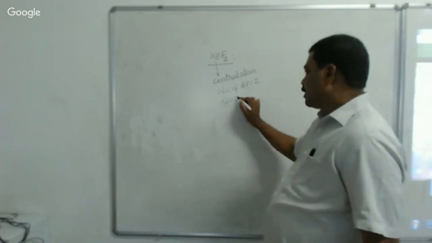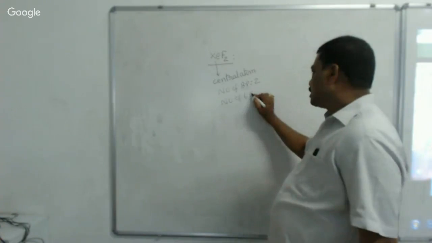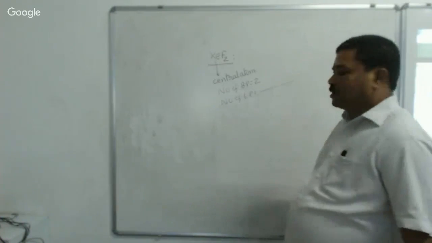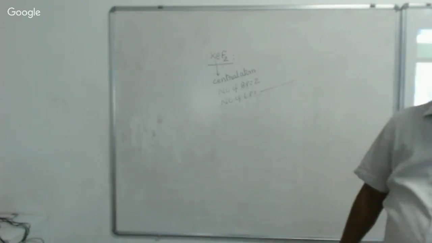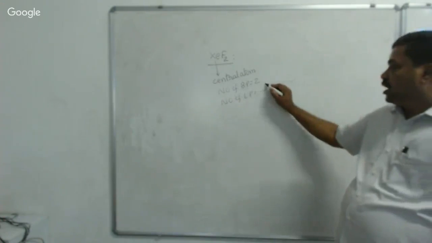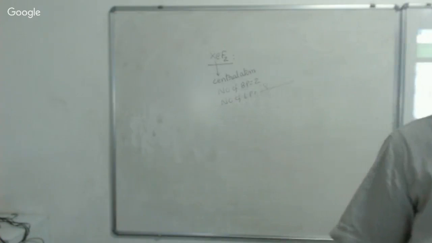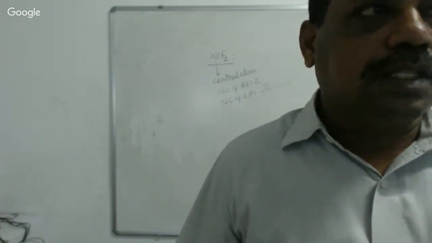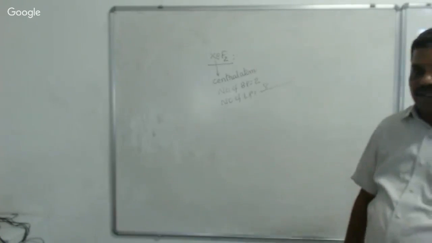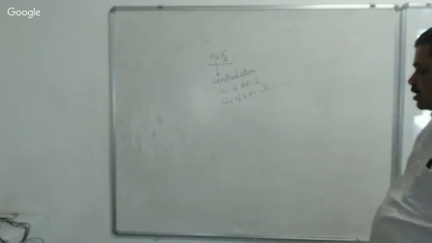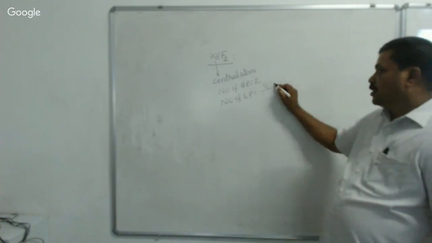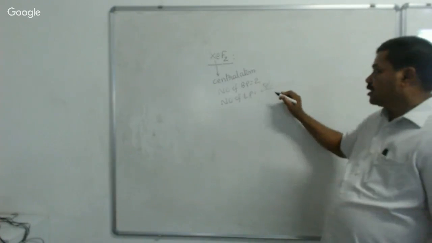What is the formula for the number of lone pairs? Valence electrons of the central atom, minus the number of bonds, divided by 2. Xenon has 8 valence electrons. You all know that inert gases have ns2 np6 configuration in their valence shell, which is 8 electrons.